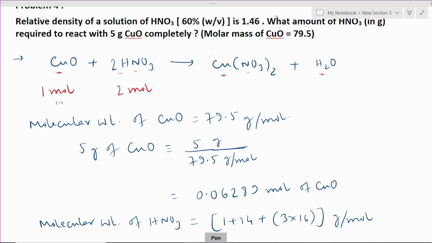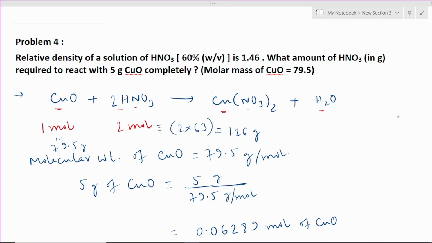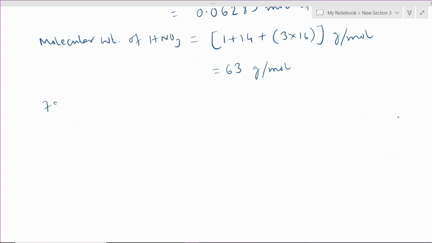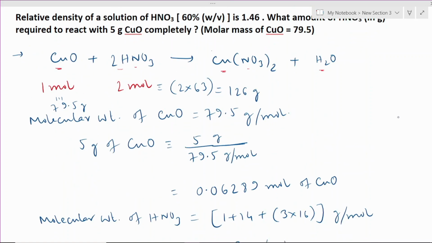In the reaction, you can see that it is 79.5 gram, and it is 2 into 63, that is 126 gram. So from the reaction, we can say that 79.5 gram cupric oxide reacts completely with 126 gram of nitric acid.